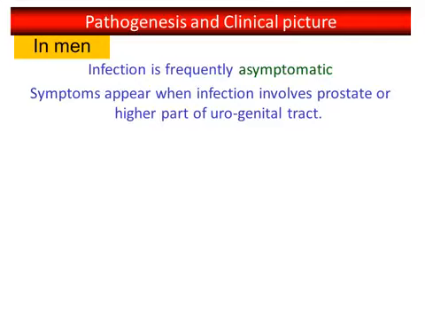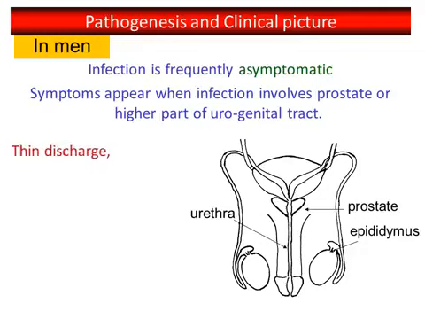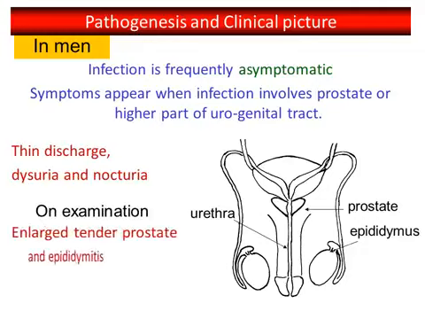Symptoms appear when infection involves the prostate or higher parts of the urogenital tract. This is the urethra and prostate, and this is the epididymis. Thin discharge, dysuria and nocturia. On examination: enlarged tender prostate and epididymis.